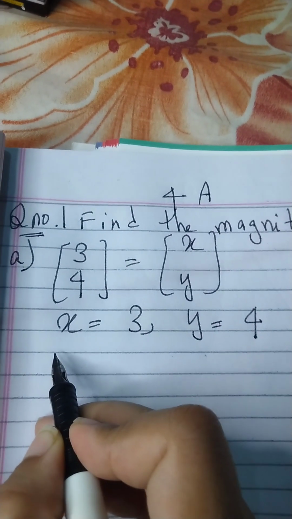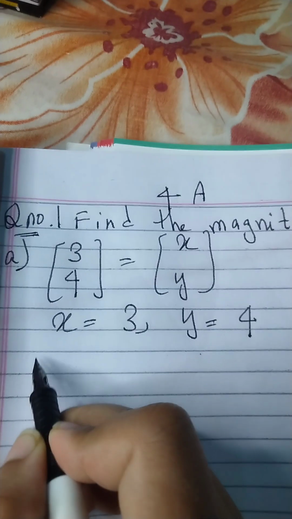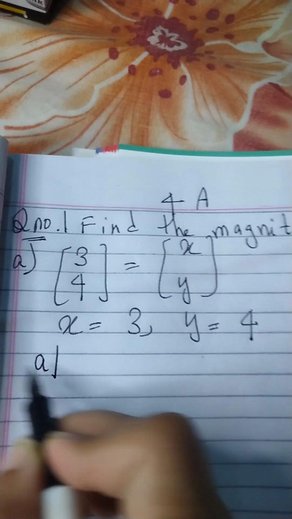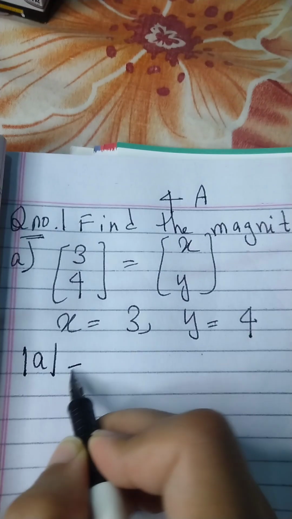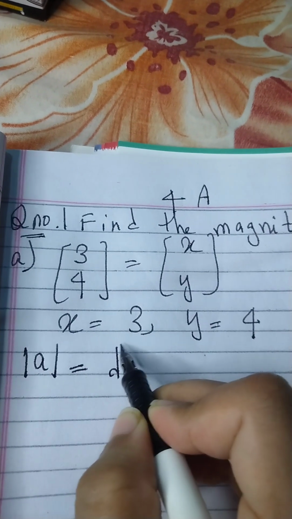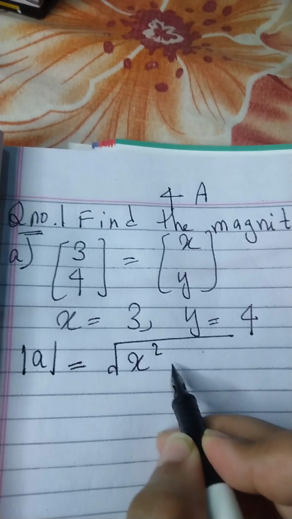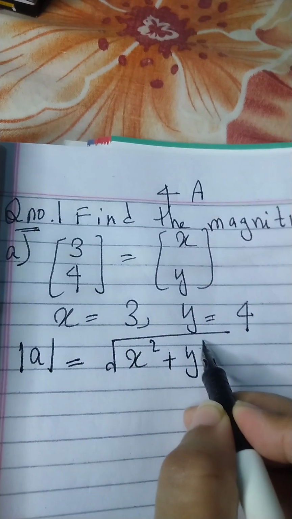And their magnitude is, suppose the name of the vector is a, so the magnitude of a is under root x square plus y square.